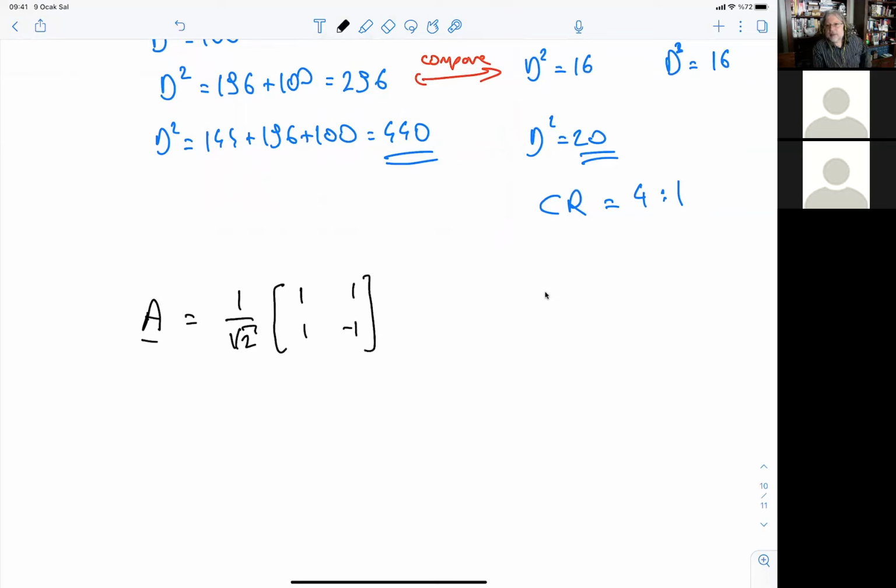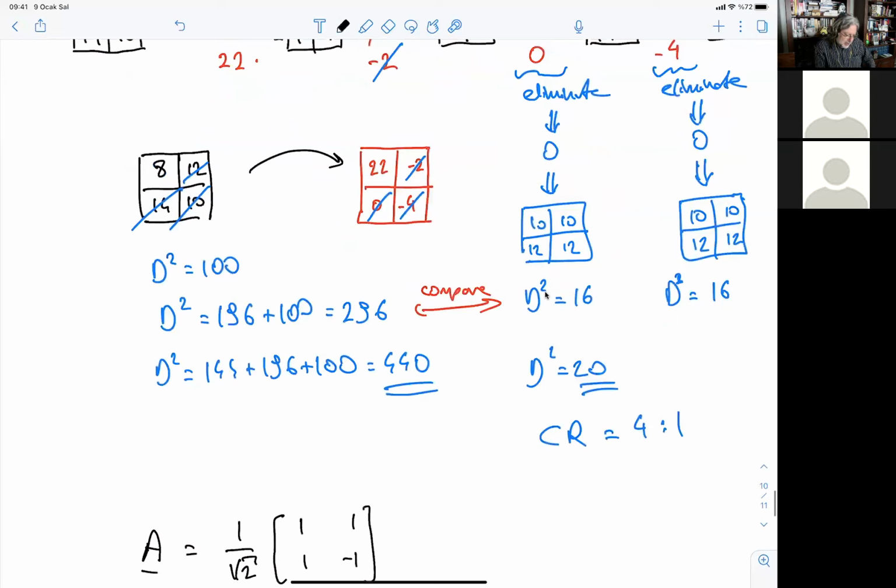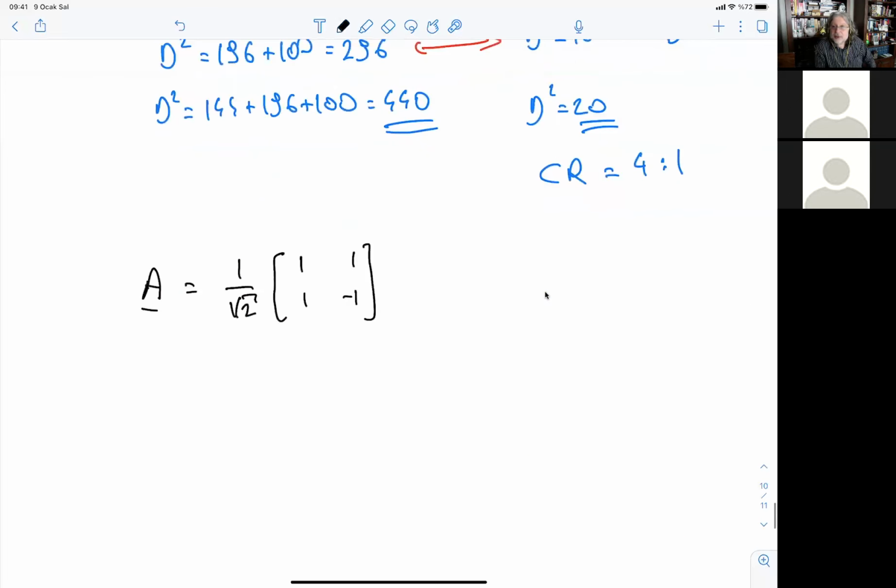This is my transformation matrix in one dimension. And how did I obtain these basis images? I obtained those basis images by taking the outer products of the columns of this transform matrix.